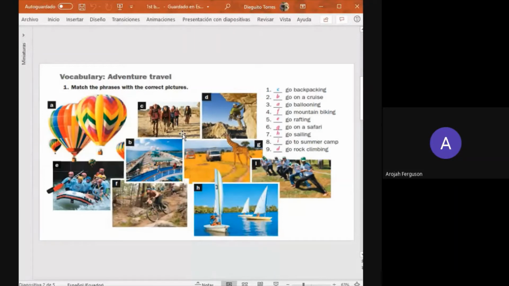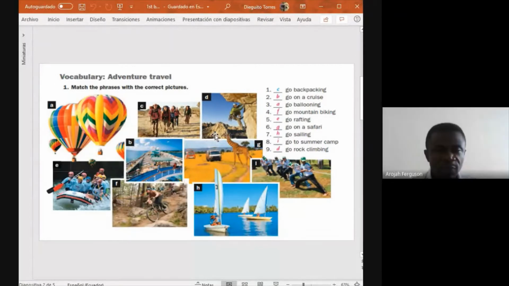You have another one in picture D, which has to do with rock climbing. Okay, it's also an activity, and that is the name of the activity in that picture, rock climbing.